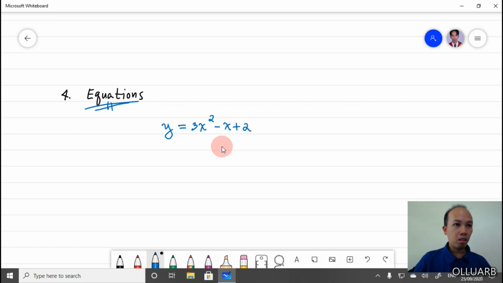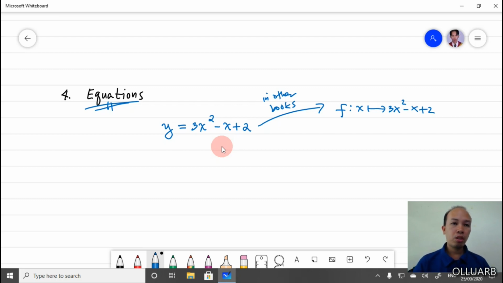Sometimes in other books you can find this notation. They write it as 3x squared minus x plus 2.